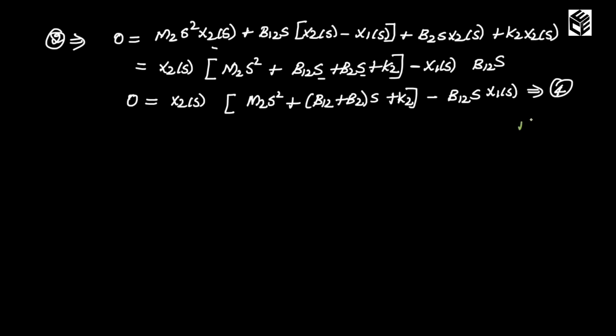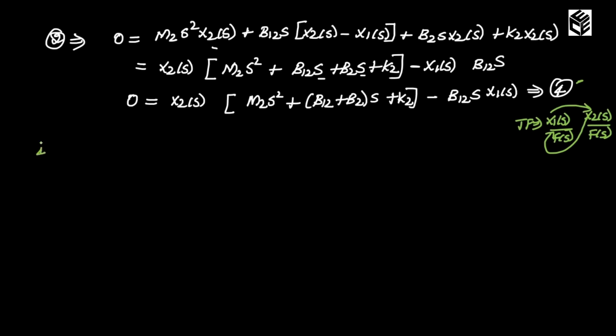The required transfer functions are X1(s) by F(s) and X2(s) by F(s). So using this fourth equation, I am going to find X1(s) in terms of X2(s) and X2(s) in terms of X1(s).